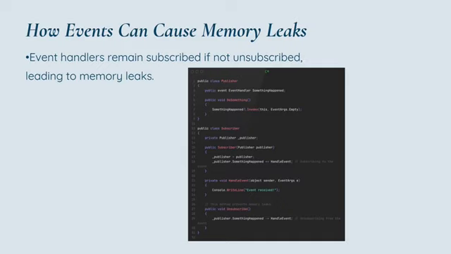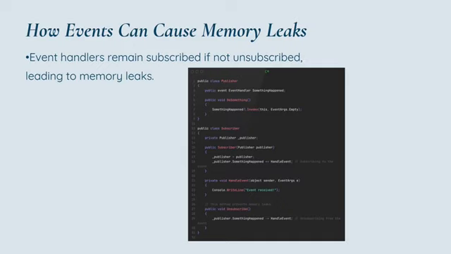And the event publisher still holds a strong reference to the subscriber and keeps it alive indefinitely. This is a common issue in long-running applications. So, to prevent memory leaks, we must always unsubscribe when the object is no longer in use.